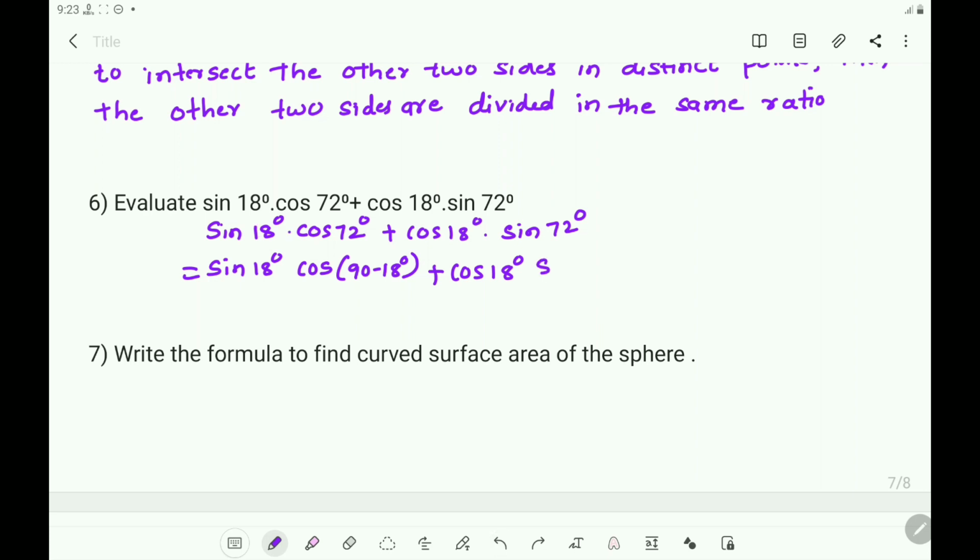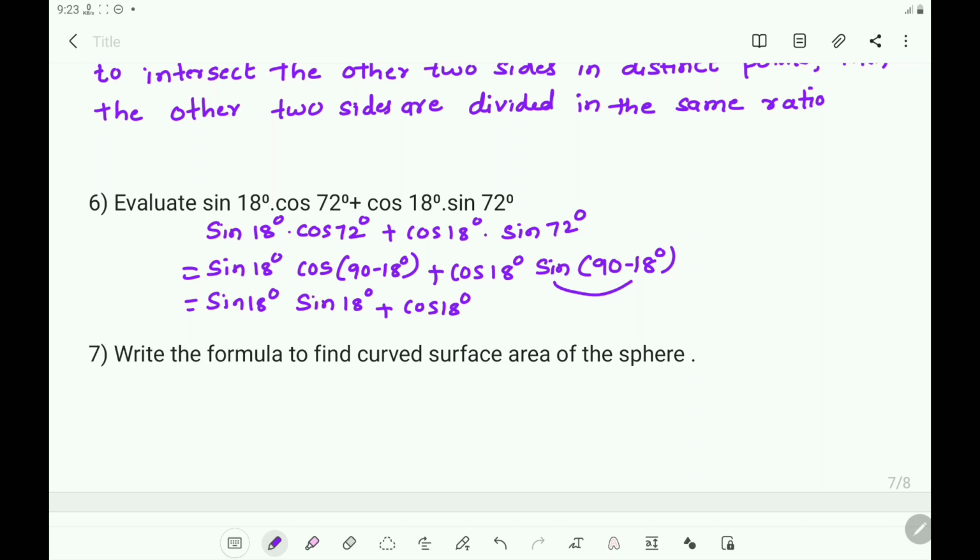So you write that it becomes sine 90 minus 18 degree. Then it becomes sine 18 degree, cos 90 minus 18 degree is sine 18 degree. Plus, you write cos 18 degree as it is.